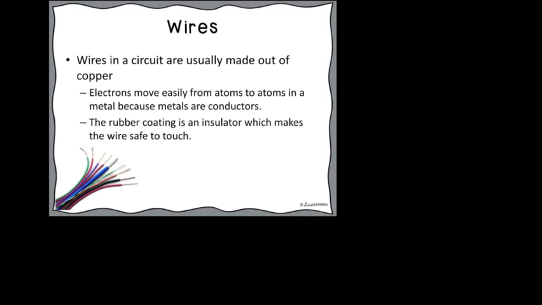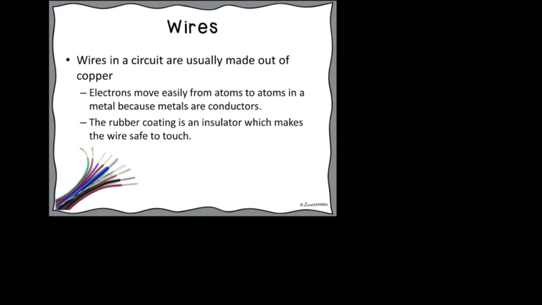Well, wires in a circuit are usually made out of copper. That's the most common metal to put in circuits. Electrons move very easily from atom to atom in metals because metals are what we call conductors. They allow the flow of electrons.